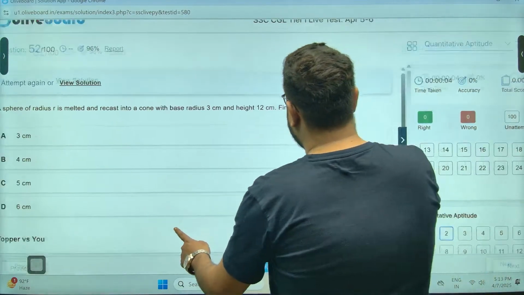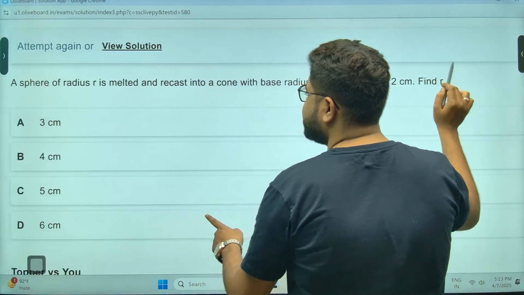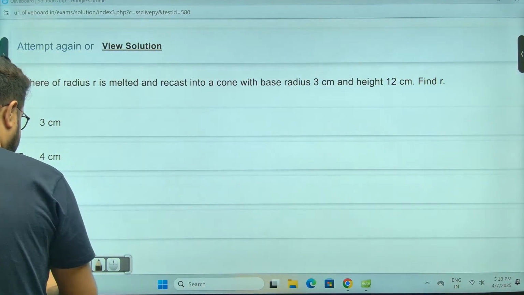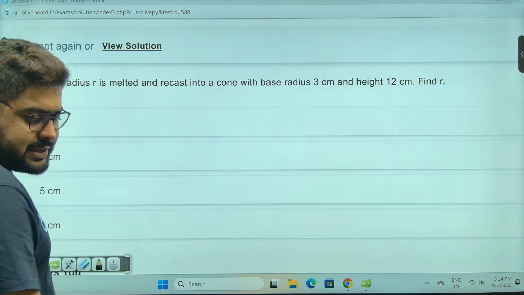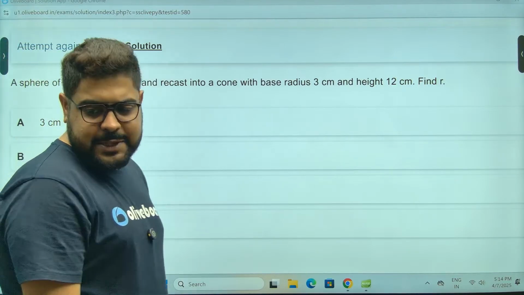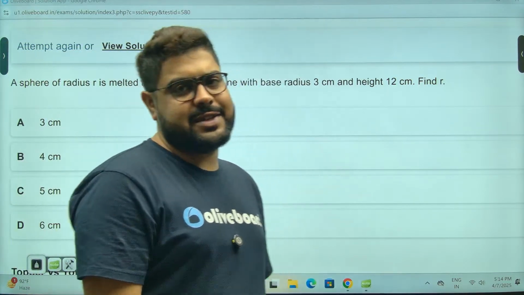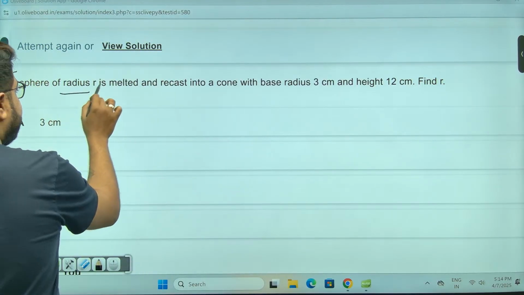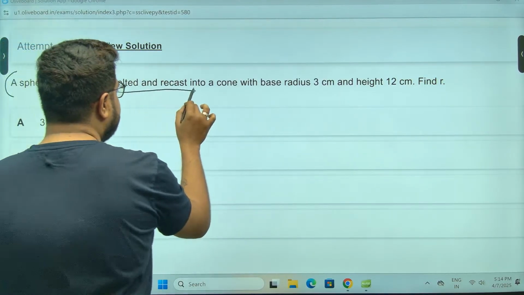I've seen the first 5-6 questions of this week's paper, and it seemed very simple, the quant part, obviously. A sphere of radius r is melted and recast.